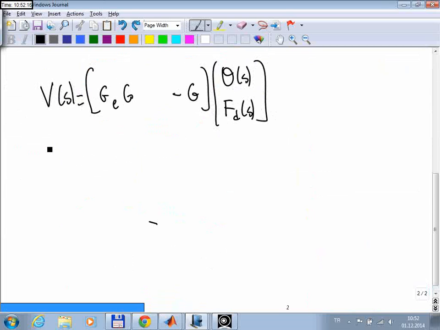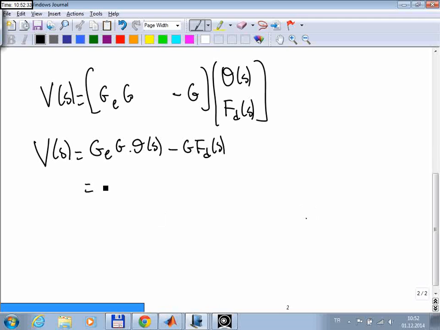So let me just write this as P times theta of s minus G times Fp of s. Or I can take G out of the parentheses and write this as, and G was 1 over ms plus b.